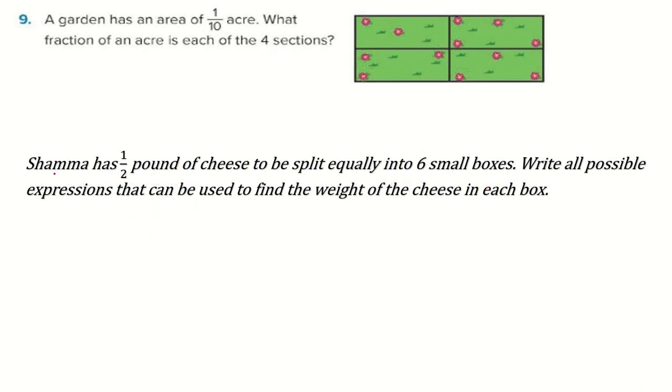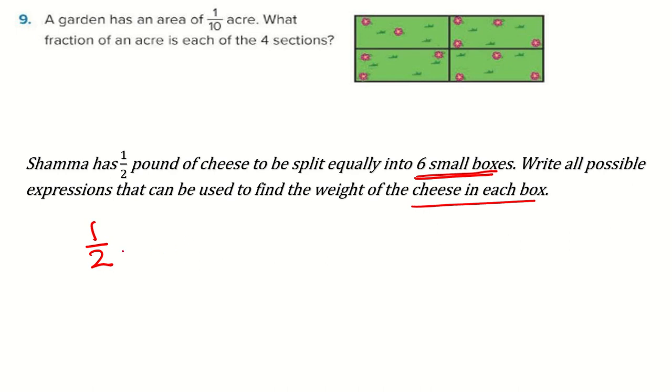Shama has half pound of cheese to be split equally into 6 small boxes. Write all possible expressions that can be used to find the weight of the cheese in each box. Now, my dear students, first of all we'll do the basic thing. How much total does she have? Half pound. And she is splitting it equally into 6 small boxes.